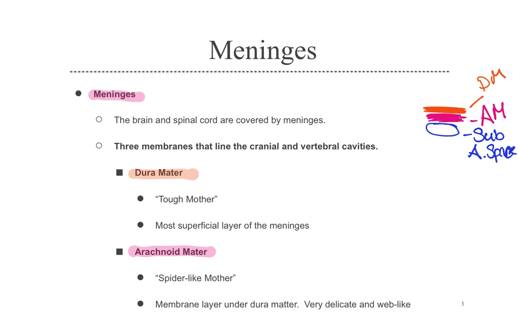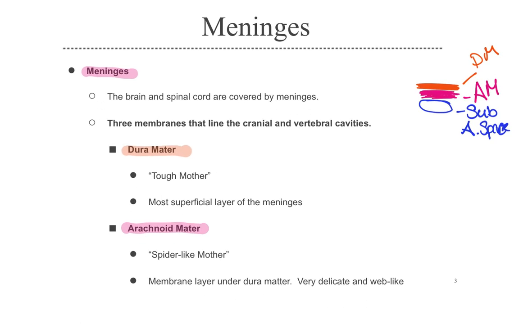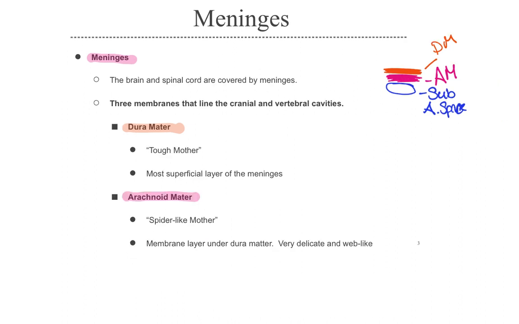And then our last layer is going to be the pia mater. I'm not sure why it's not on here, but the pia mater. So that's going to be right here, and it directly connects with the brain, and it cannot be removed.